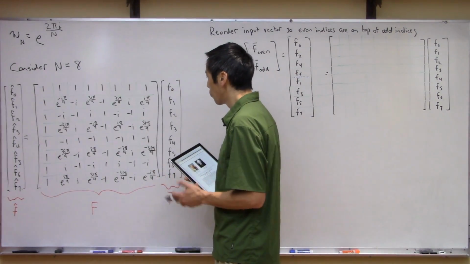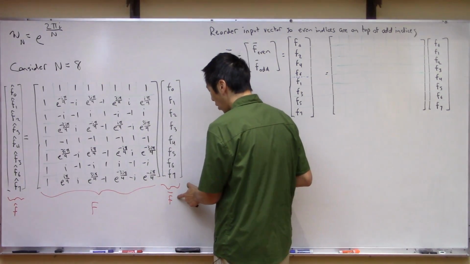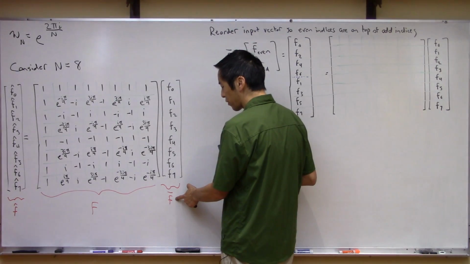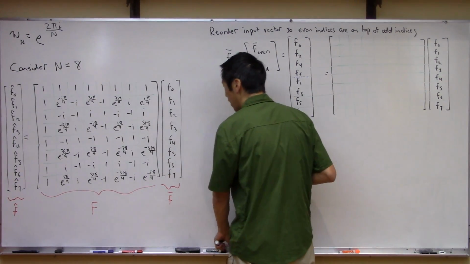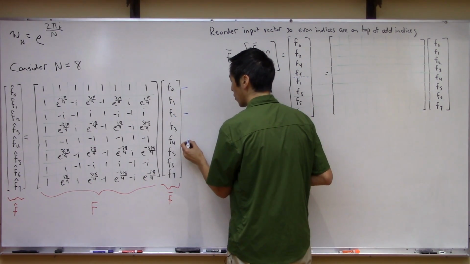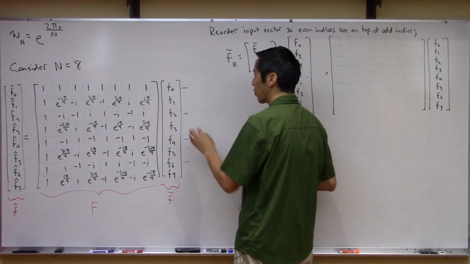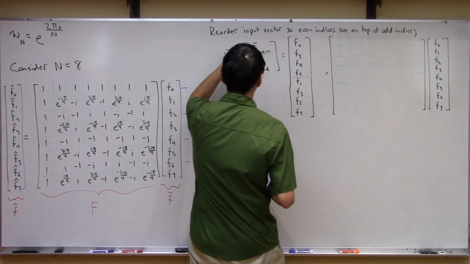Okay, so what Cooley and Tukey did is, all they did is said, okay, instead of having this vector f, what if we just reorder it? What if we take the even indices, meaning the 0, 2, 4, 6, right? Pull those out and stack them on top.